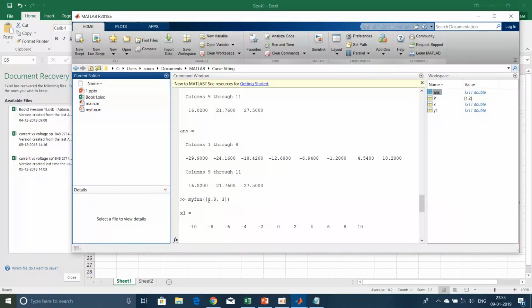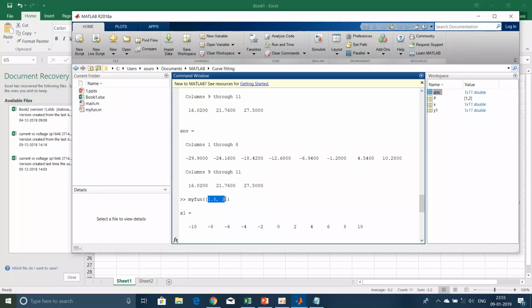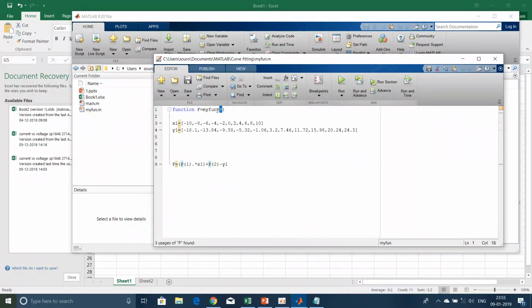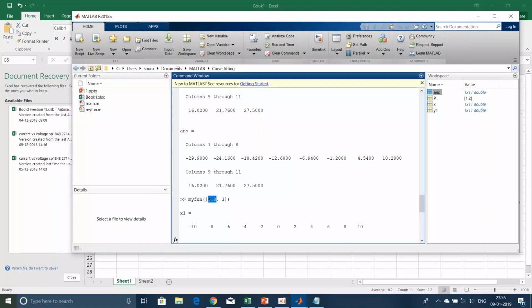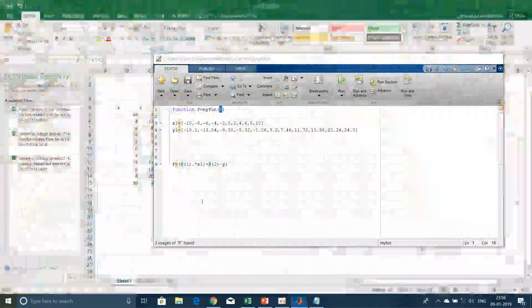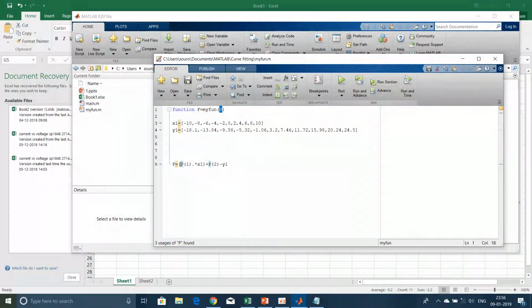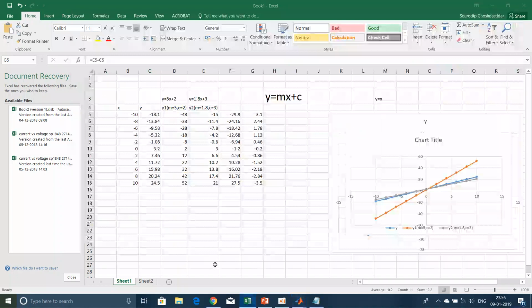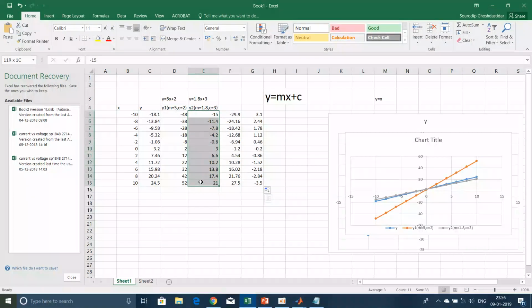For example, if you say myFun of 1.8 comma 3, this gets passed on to p, and then p of 1 becomes 1.8, and p of 2 becomes 3, and so you're basically doing 1.8 times x1, which is the x values here, plus 3, which gives you these data.